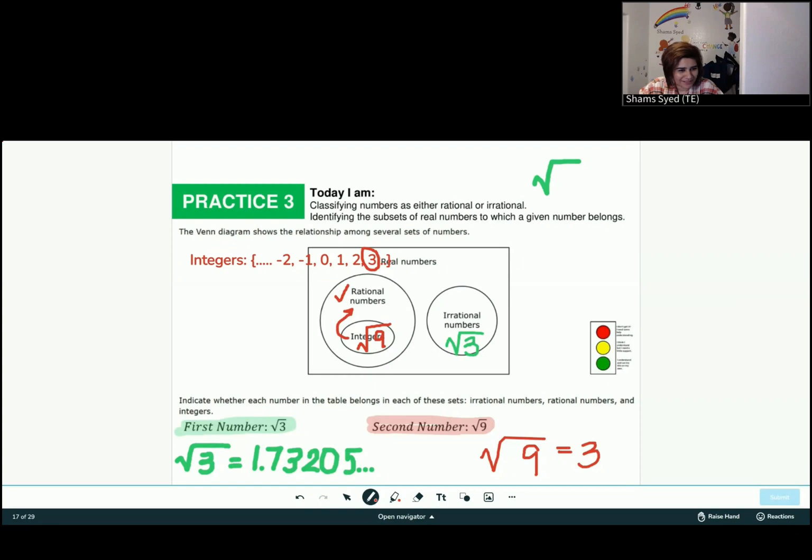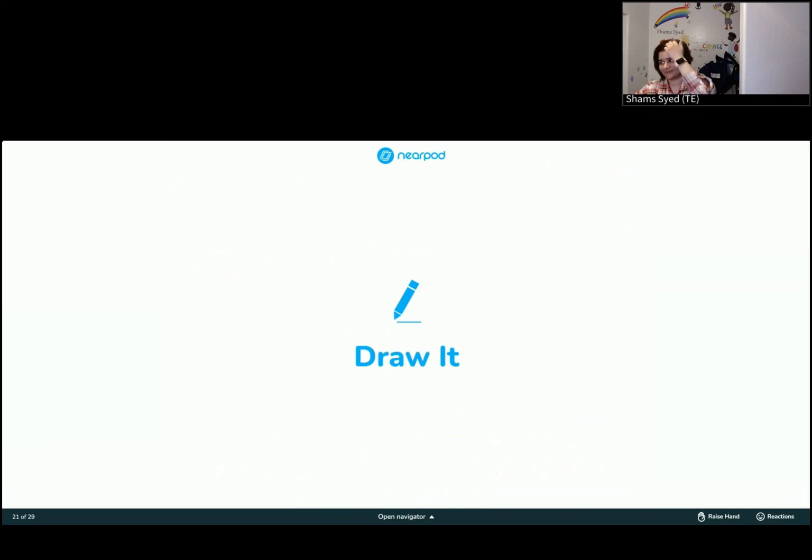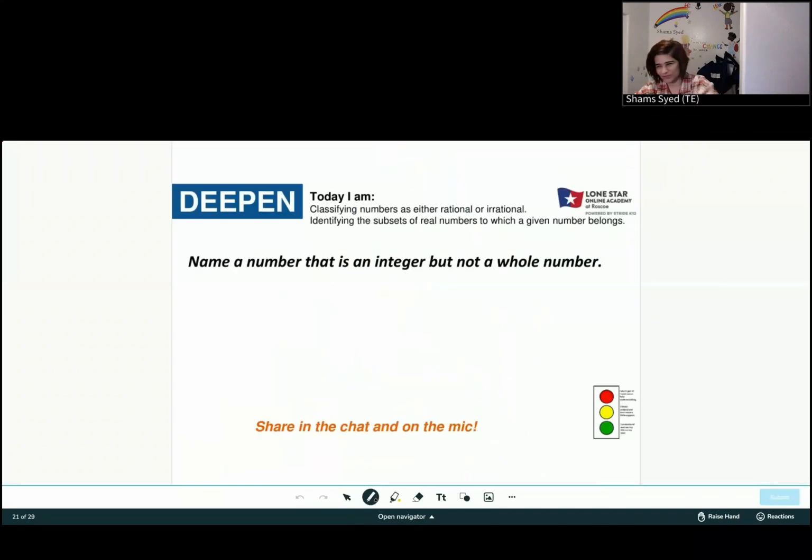Okay, let's do a little. Here I have a really nice one. My question says, this is your exit ticket. It is going to make you think. Name a number that is an integer, but not a whole number.